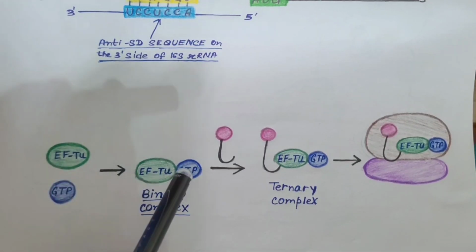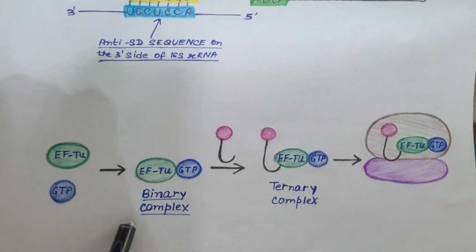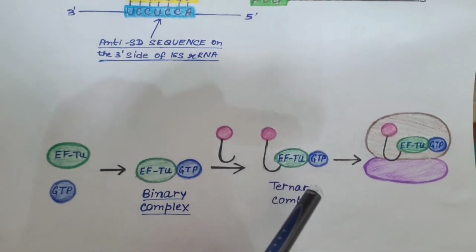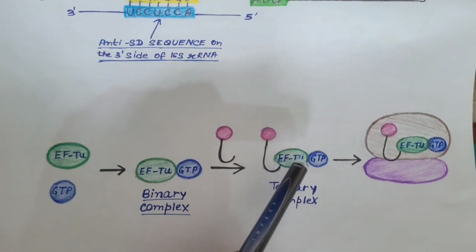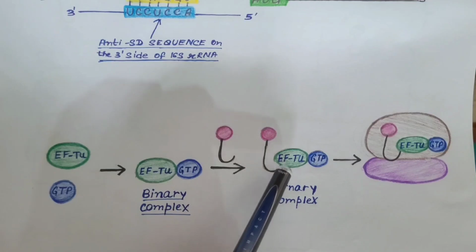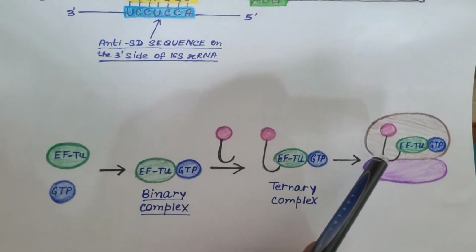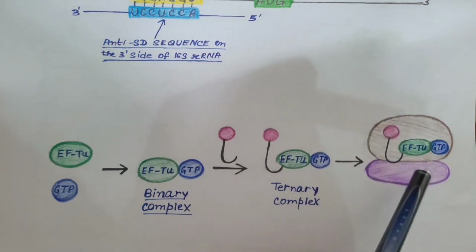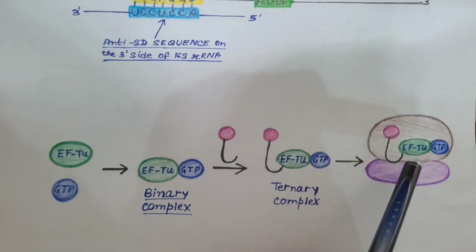Then EFTU-GTP binds and forms a binary complex. Then it binds with aminoacyl transfer RNA and thus a ternary complex is formed. This EFTU-GTP then mediates this aminoacyl transfer RNA to the A site of the ribosome. So it binds with the ribosome as EFTU-GTP aminoacyl transfer RNA complex.